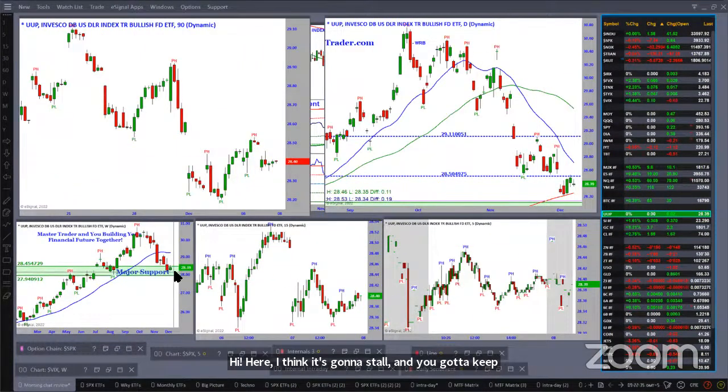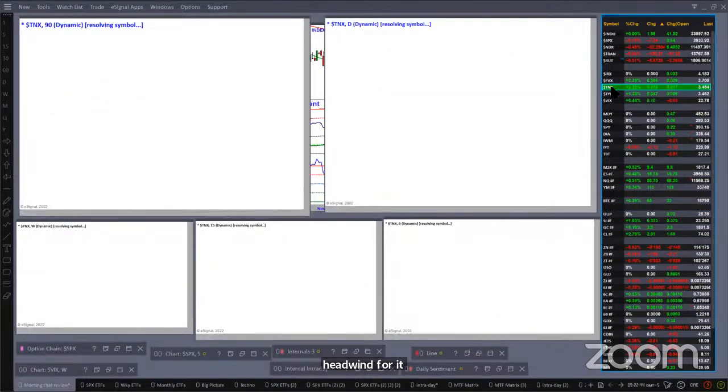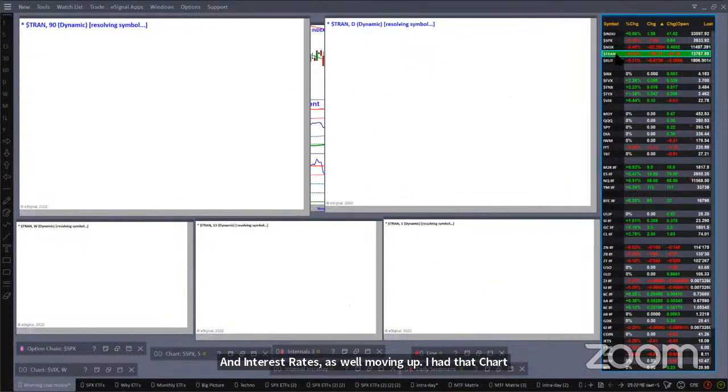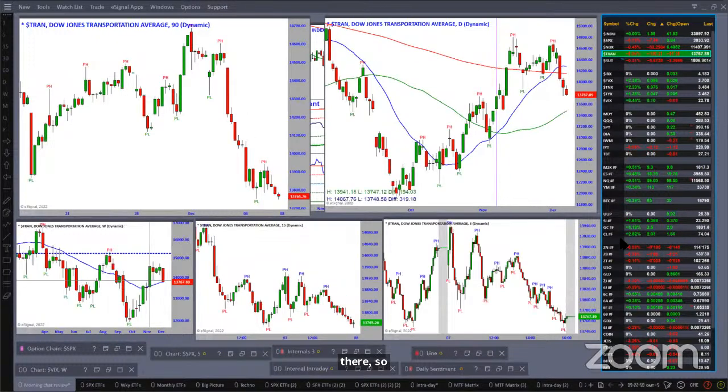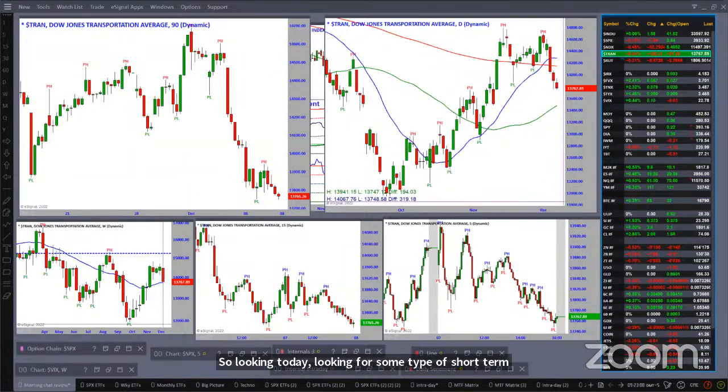It's coming down to support here, so that could be a headwind for it. And interest rates are moving up. I had that chart up there. So I think that's about it for me to go over here with everybody, because Dan's got to cover some stuff. So looking for some type of short-term upward attempt, and then we'll see where it goes.